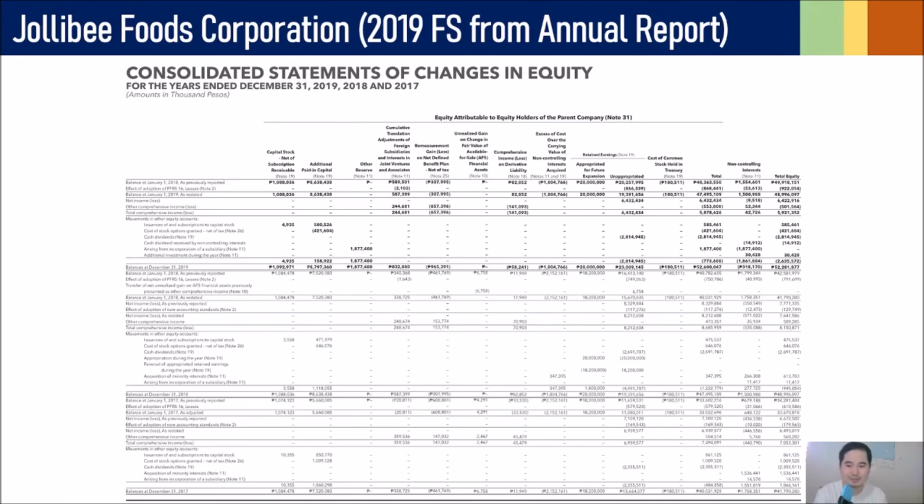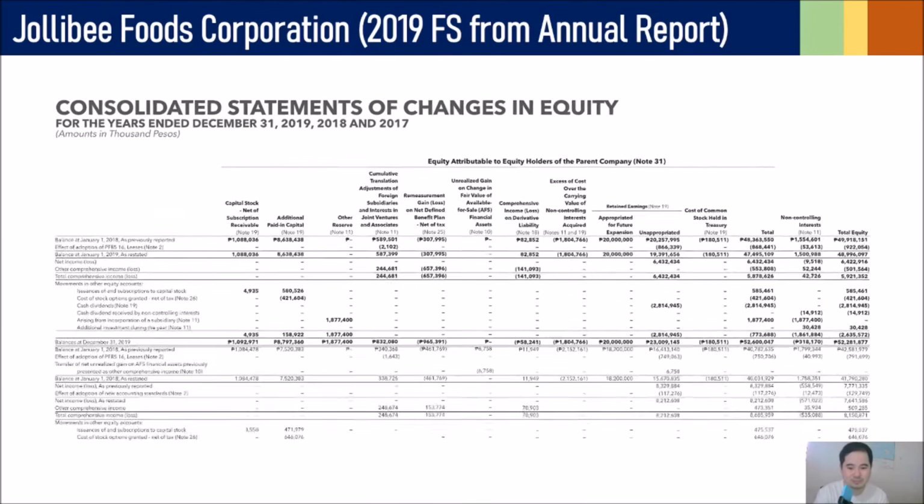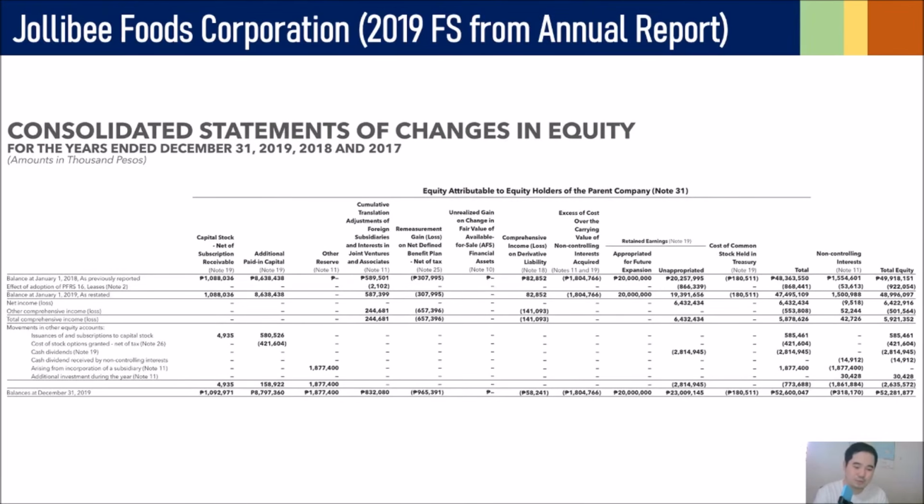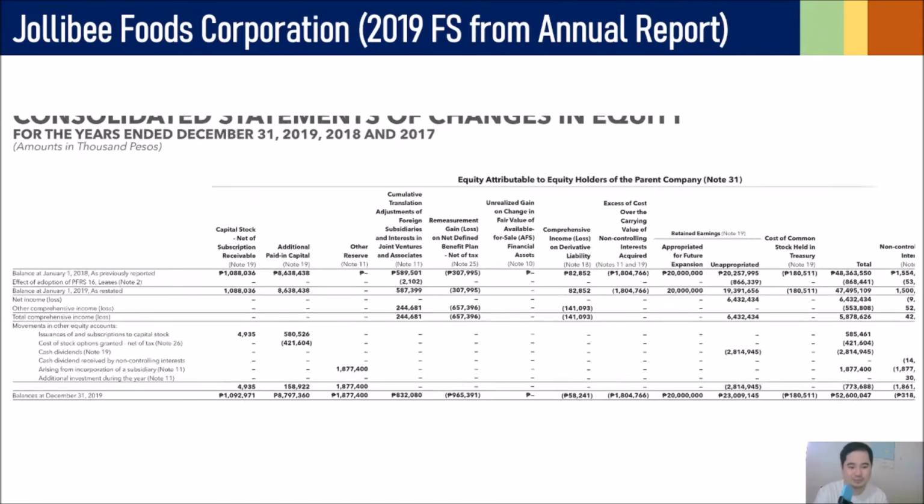Meron po tayong capital stock, meron tayong additional paid-in capital, other reserves, at saka yung mga NCI natin. And syempre, dapat po, pine-present po natin siya as to equity attributable sa equity holders, and meron din pong separate na column for the non-controlling interest. Dahil nga po, ito ay consolidated statement of changes in equity.